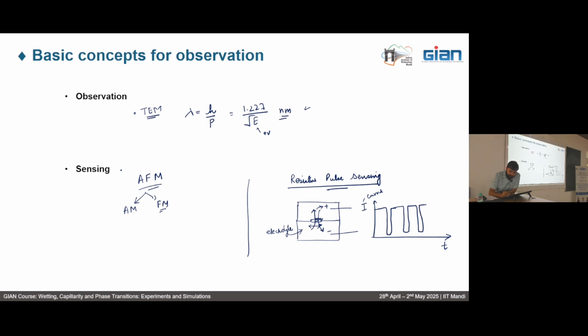Of course, using data analysis, we can see that this dip can also be correlated with the size of the bubble. If the size of the bubble is exactly equal to the size of the nanopore, then the blockage would be 100%. We won't see any current at that time. It means that the signal would tend to 0.